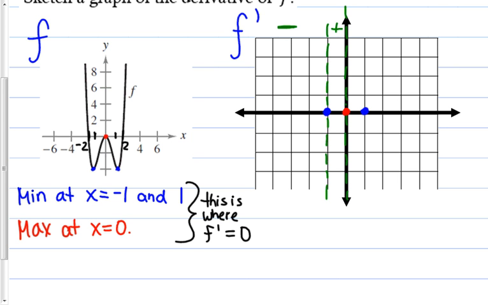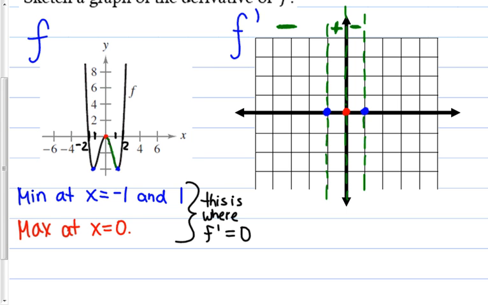Okay, so from 0 to 1, my function is decreasing, right? So I come to my derivative, and from 0 to 1, I'm going to denote that as a negative. So I have a negative, a positive, and a negative.